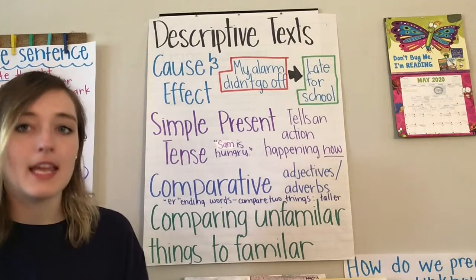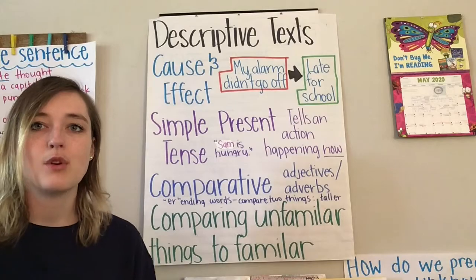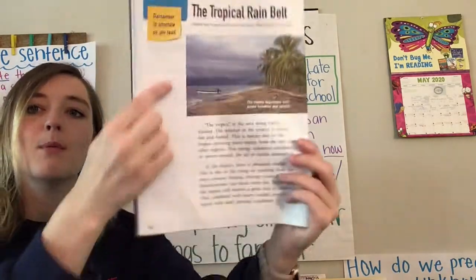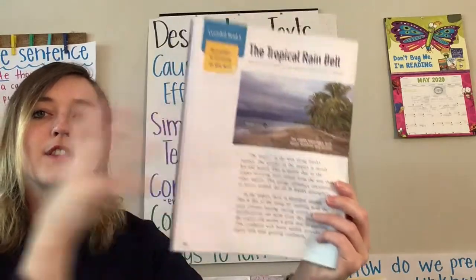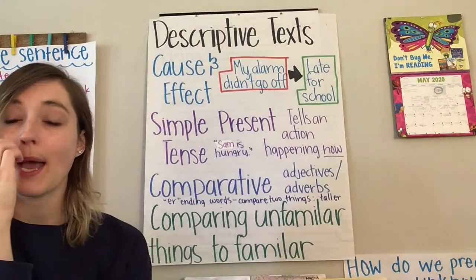So words ending in ER are found in descriptive text. When we're looking at descriptive text, we're not paying attention to the graphic features like we did yesterday. We're paying attention to the paragraphs, the structures, the sentences inside the paragraph, okay?